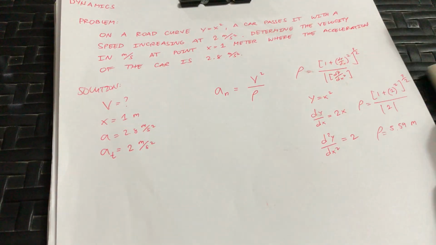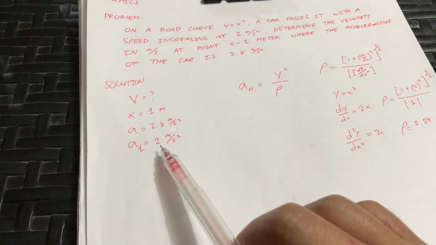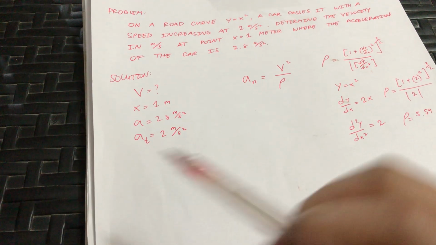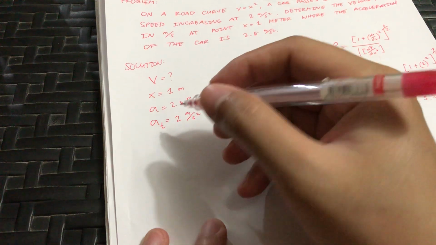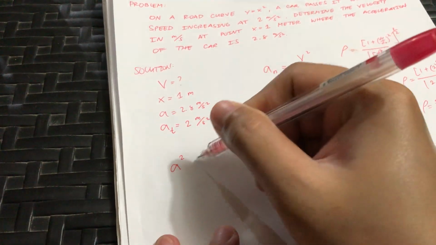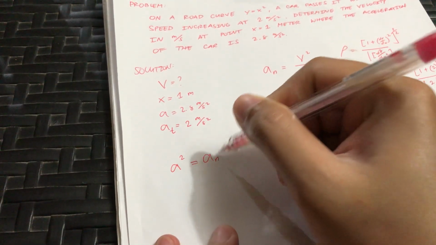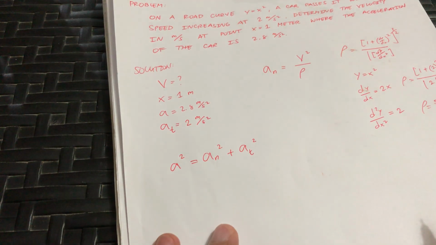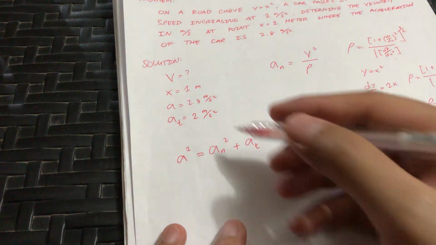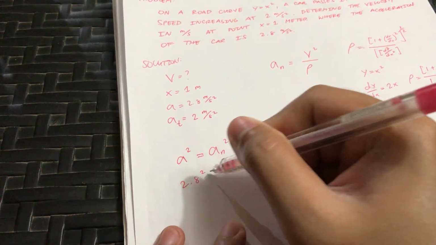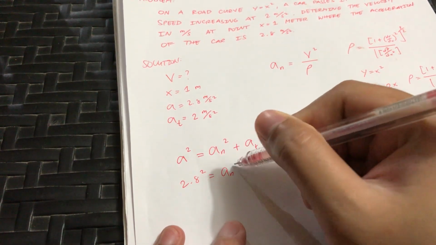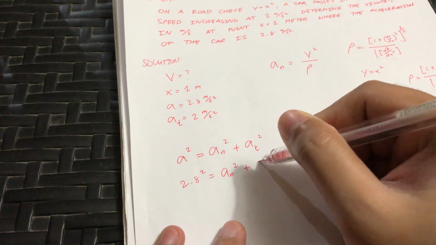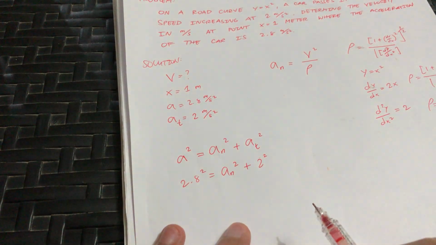To solve the normal acceleration, we can make use of the tangential and the actual acceleration, using the relationship a squared is equal to the normal acceleration squared plus the tangential acceleration squared. We have 2.8 squared is equal to the normal acceleration squared plus 2 squared.